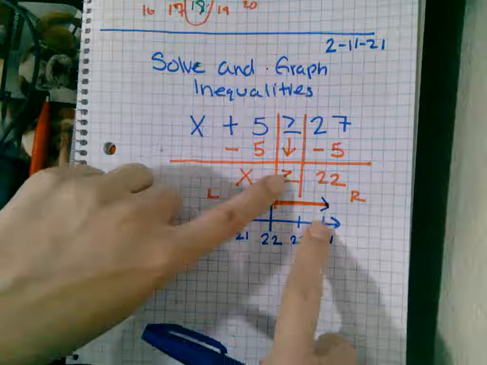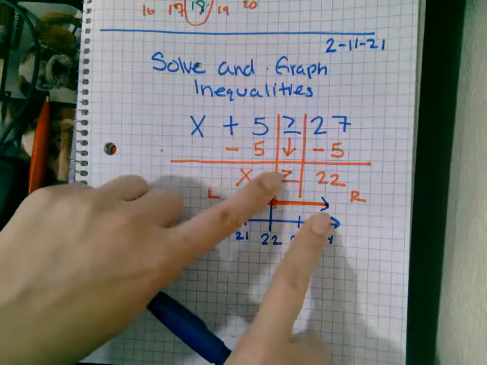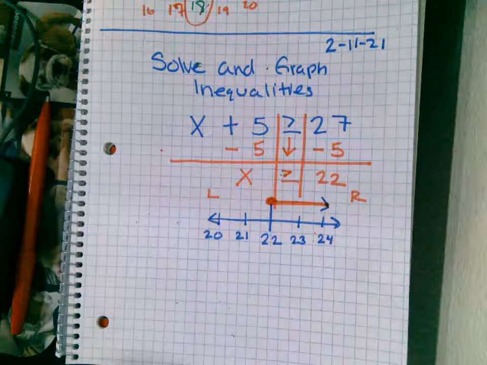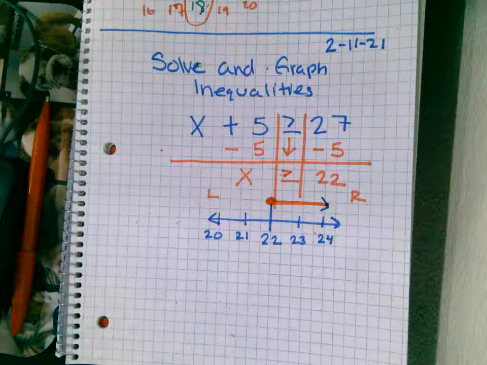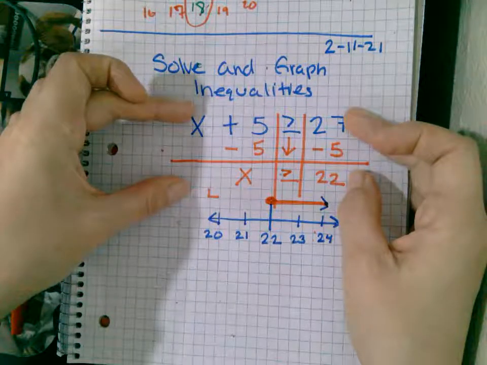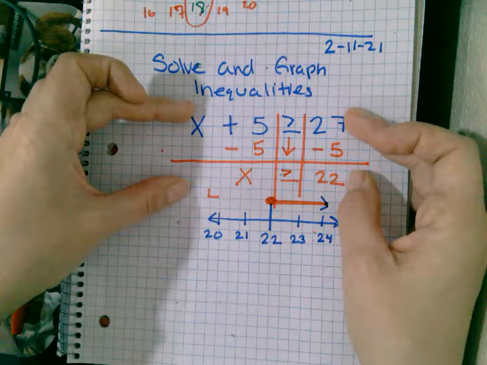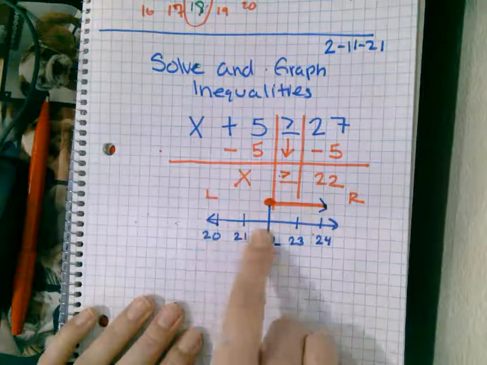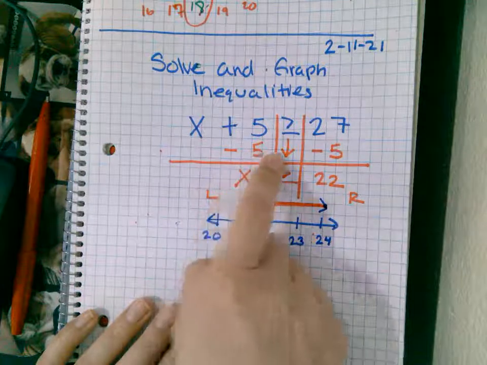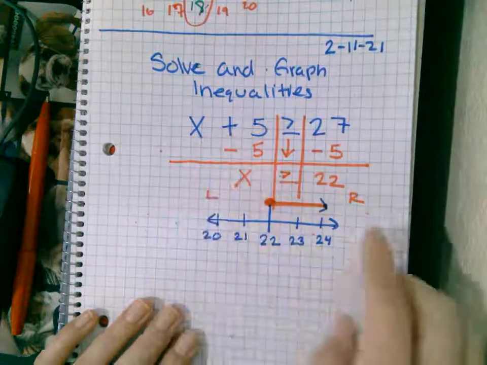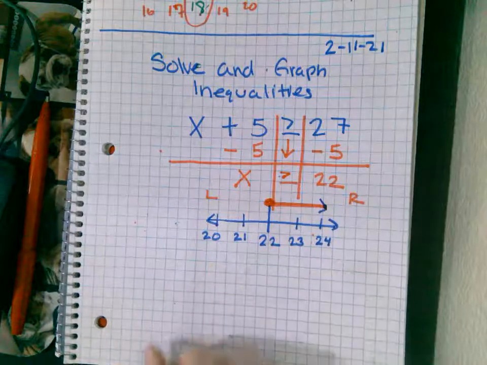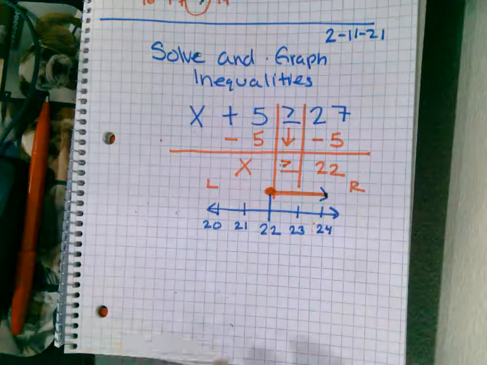You see, these two inequalities match, so I shaded in the right direction. So we learned this back in November, and this part is what we've been working on since last week, right? So the minus 5, that's November. And this graphing stuff was introduced to you last week. All right, let's move on.